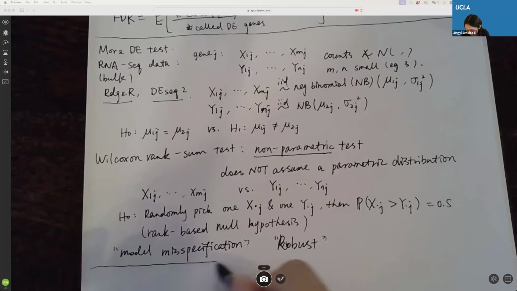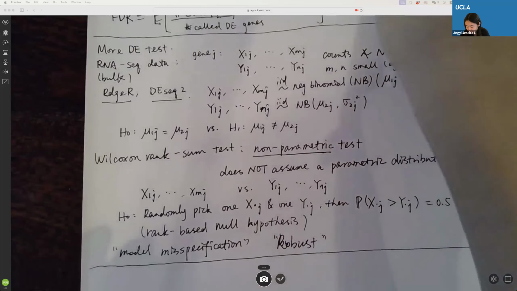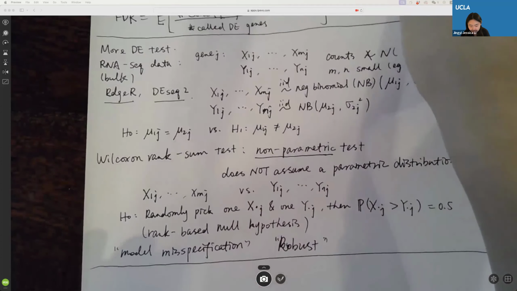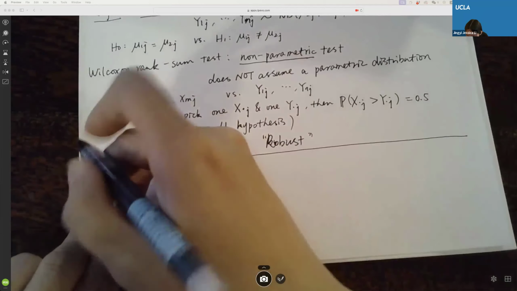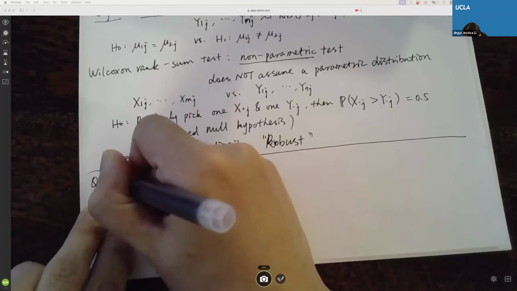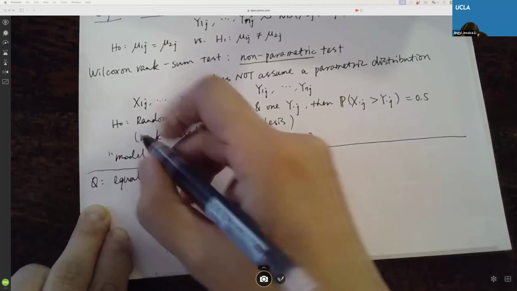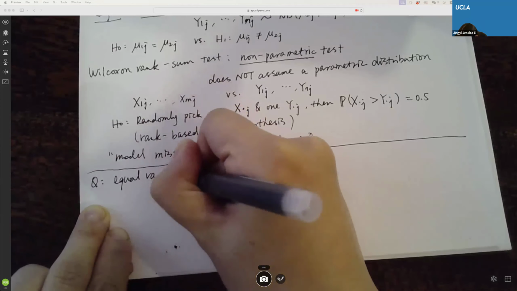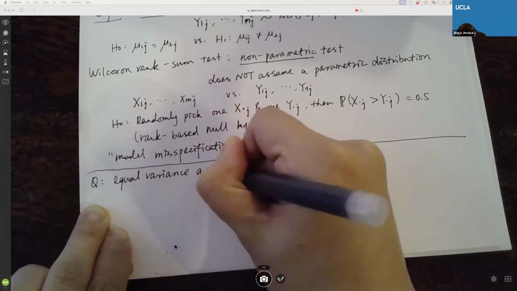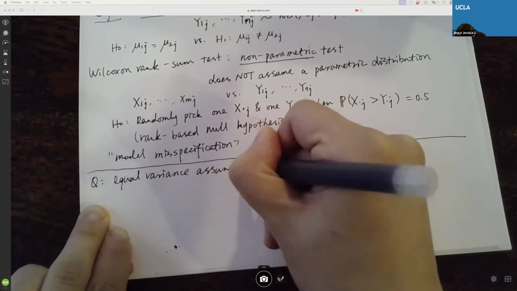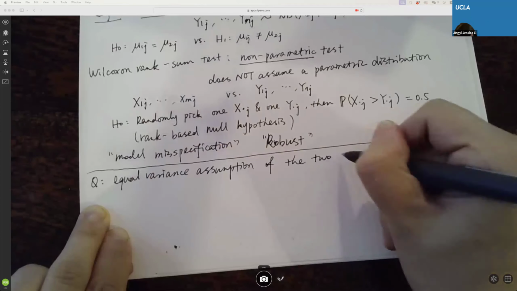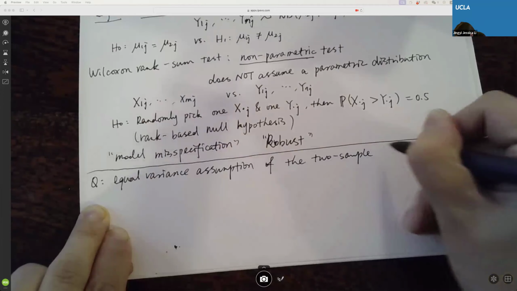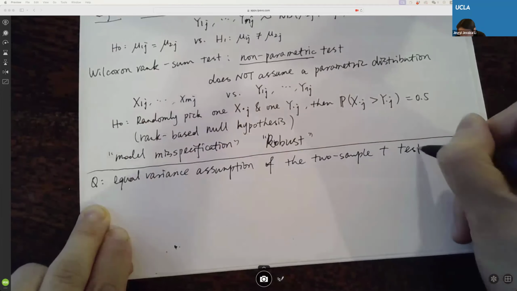I want to answer a question we got at the end of last class, which is about the equal variance assumption of the two sample t-test. So this is the question.